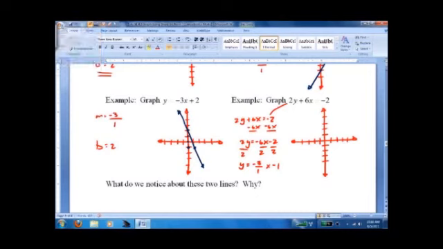It should be the exact same line, except start at -1 instead of up at +2. 1, 2, 3 down, 1 over. Notice we go down 3 and 1 over. We could actually write a slope of m equals 3 over -1. Those are equivalent. So we could also go up 1, 2, 3, and over -1 to the left. And it's still going to work.